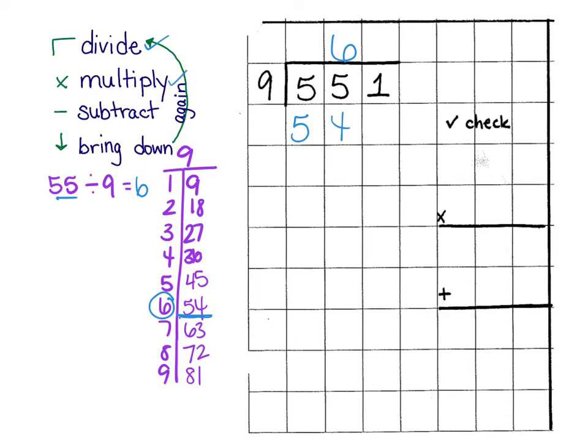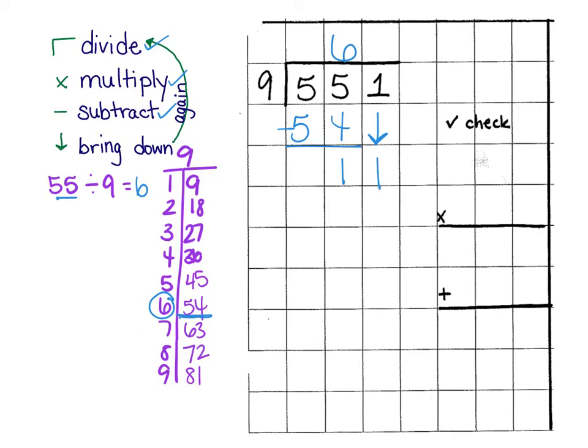Now let's subtract, because subtract is the next part. 5 minus 4 is 1. 5 minus 5 is 0. So we just leave that. Now that we've subtracted, let's bring down. We have our 1 here.